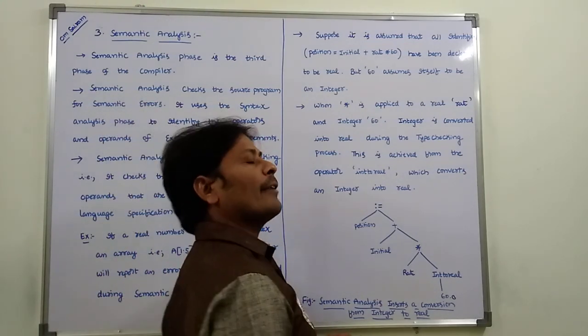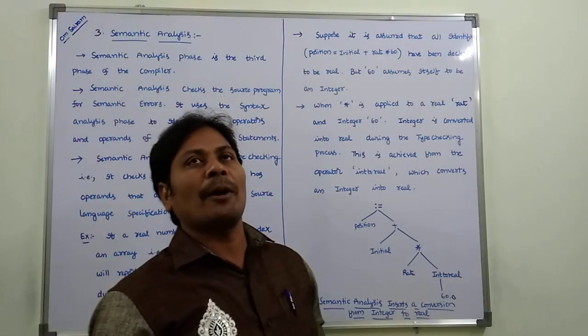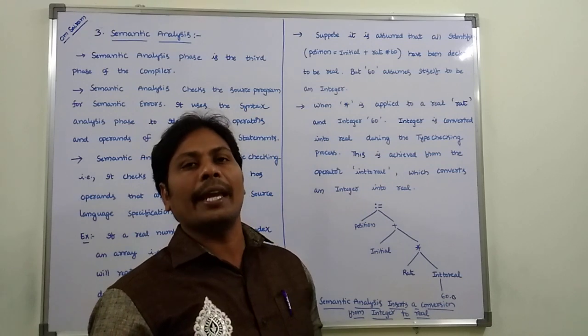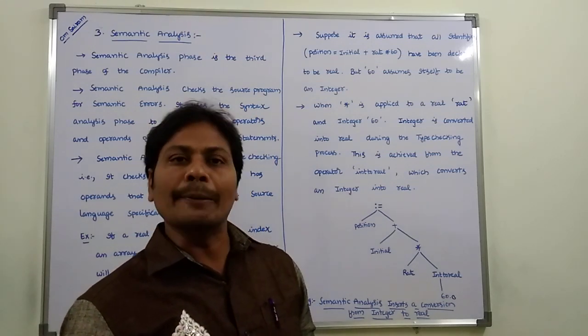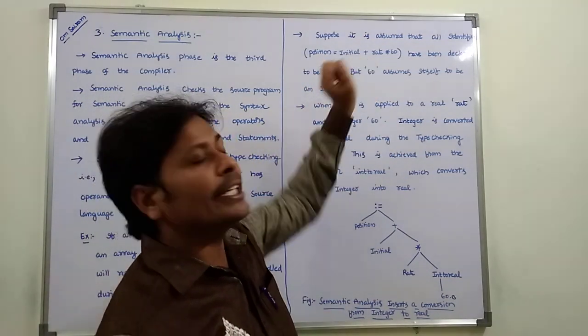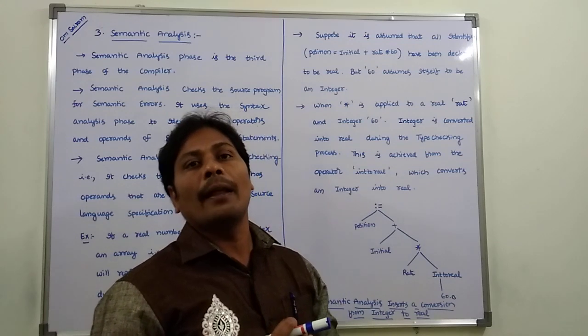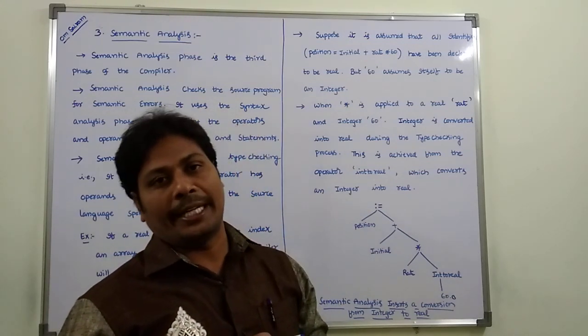This type of error is checked in semantic analysis during the type checking process. First we convert the identifiers into real, but the integer 60 is not converted.